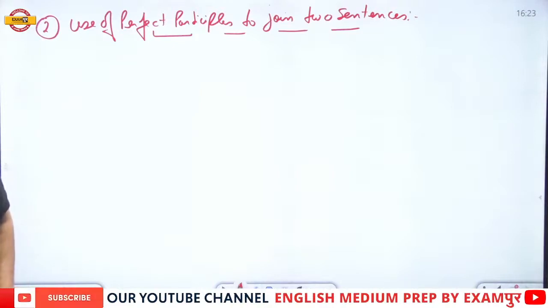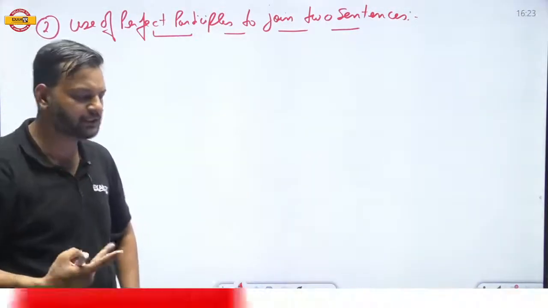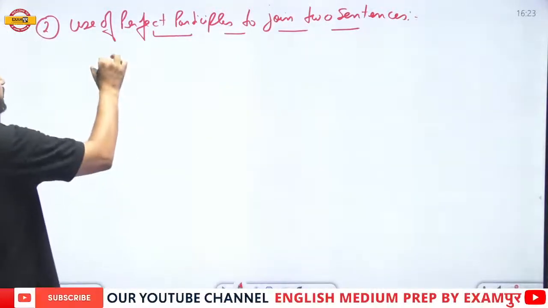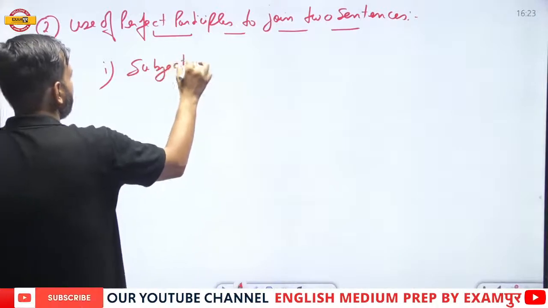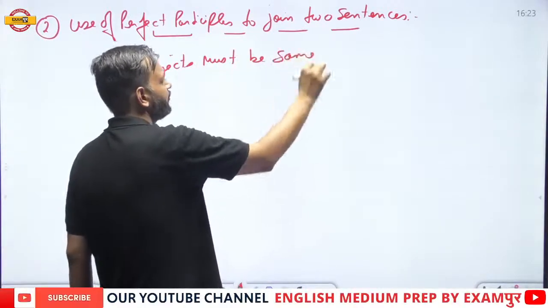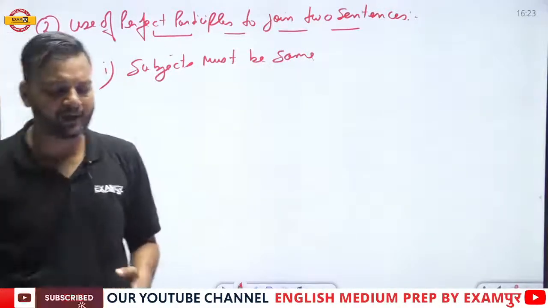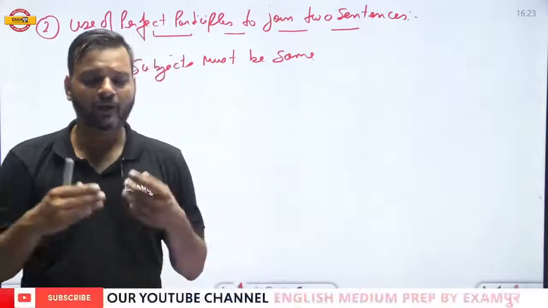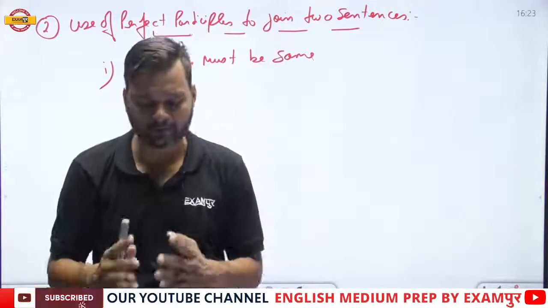So again, with perfect participle also there are two conditions. First condition, subjects must be same. If you want to join two sentences using a perfect participle, you have to remember that subjects of both the sentences must be same.